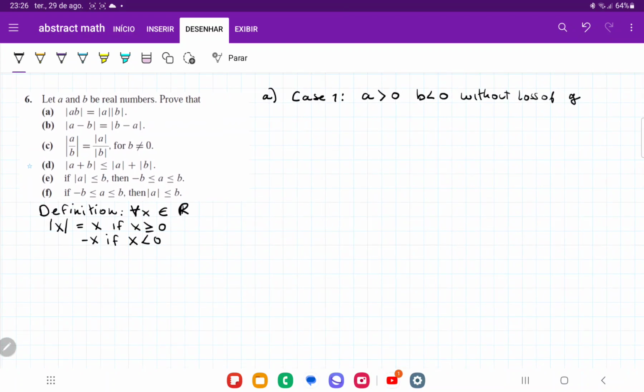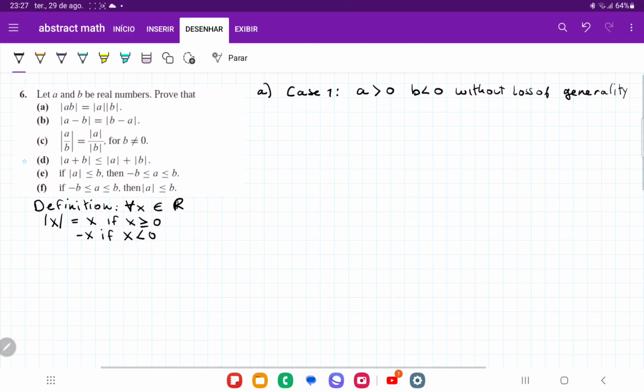This just means that I can consider the case where A is positive and B is negative, or where A is negative and B is positive, because we aren't assuming anything about A and B other than they have opposite signs. The logic still applies in the opposite case, so we don't also have to prove the case where A is negative and B is positive.